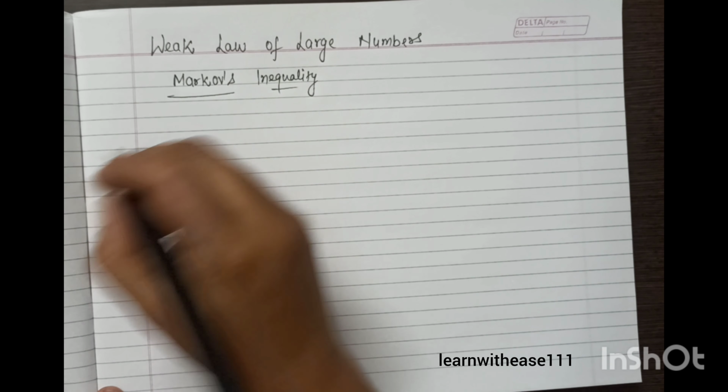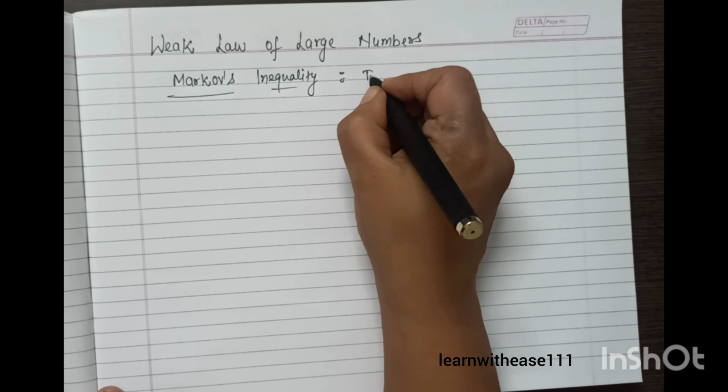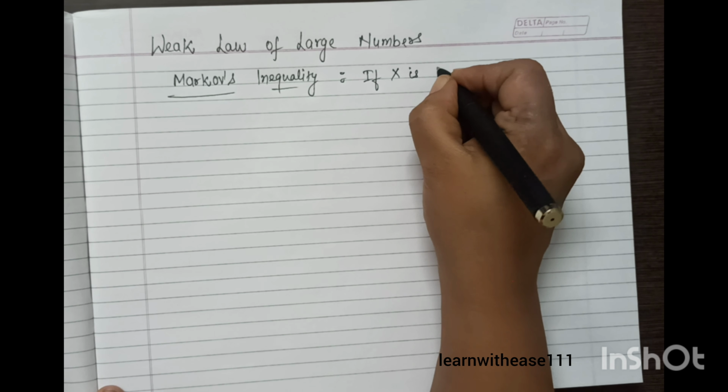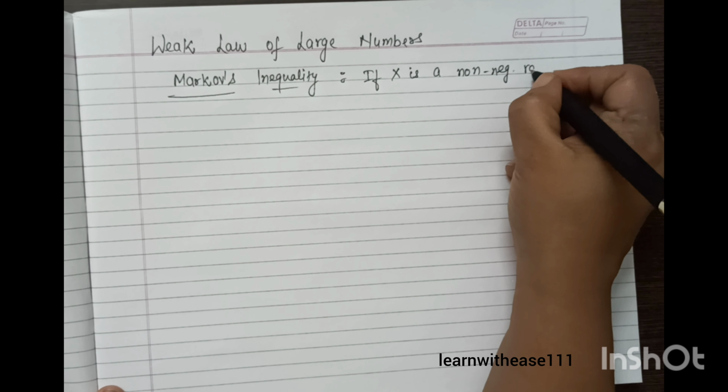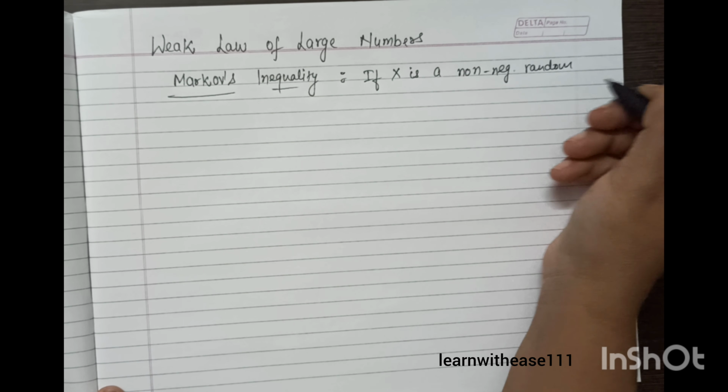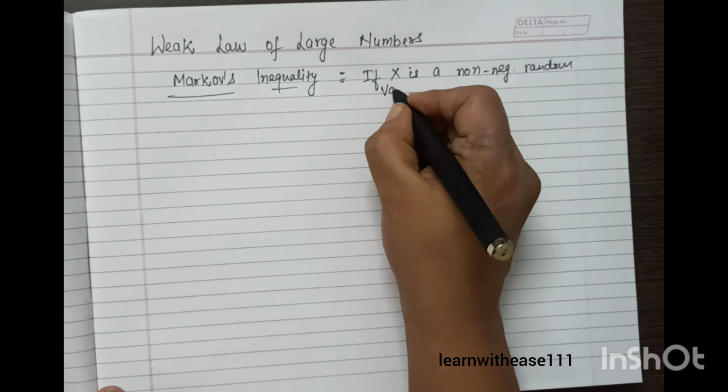It states that if x is a non-negative random variable, then for any positive a, the probability of random variable x greater than or equal to a is less than or equal to expectation of x divided by a.